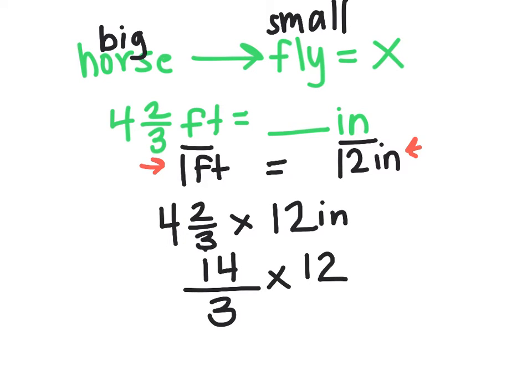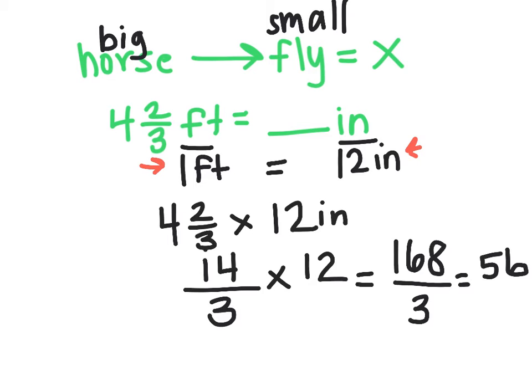And if I multiply across, I'm going to get 14 times 12, and that's going to be 168 over 3. But I can't leave it as an improper fraction or this big number. So I need to simplify, and if I take 168 and divide that by 3, I get 56. So I know that 4 and 2/3 feet is the same as 56 inches.